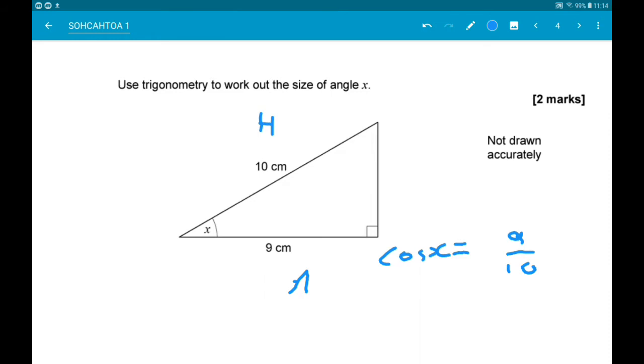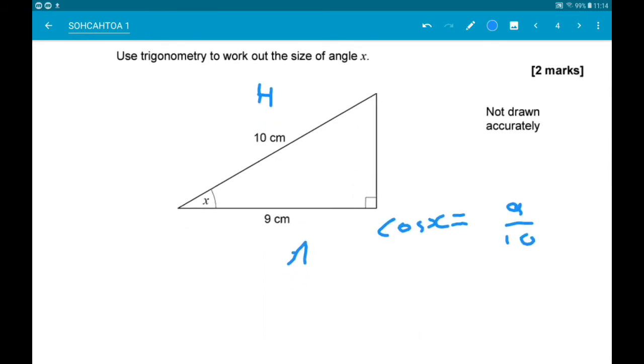So again, to get the angle x out of cos, take the inverse cos. So x is the inverse cos of 9/10, which again to one decimal place gives us 25.8 degrees.